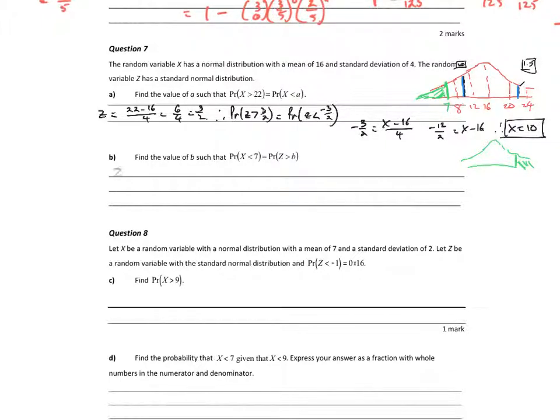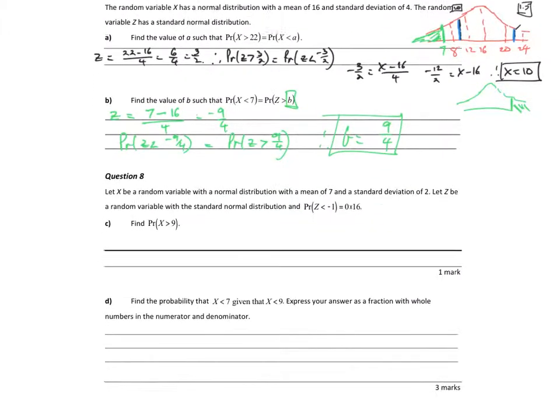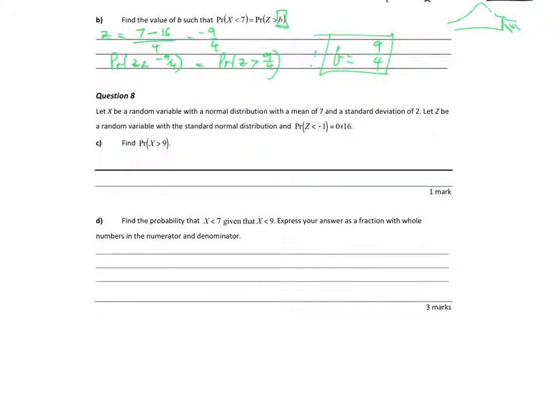So again, Z is equal to X minus mu on sigma, which is equal to negative 9 on 4. So the probability that Z is less than negative 9 on 4 is equal to the probability that Z is greater than positive 9 on 4, which is what we're looking for there. Therefore, B equals 9 on 4. Let's highlight that answer. All right. Getting there, getting there. Only one page to go after this.